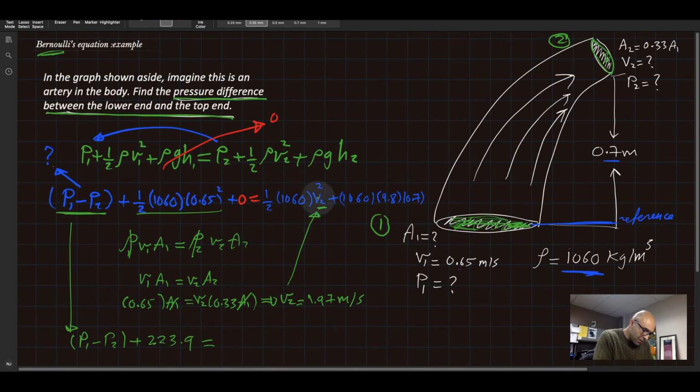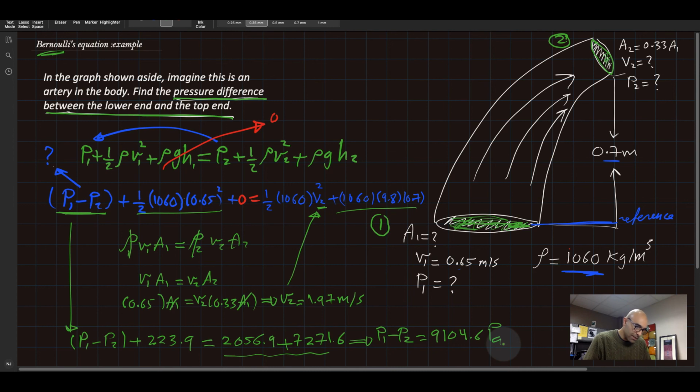After we plug in V2 squared it becomes 2056.9, and this whole term after some calculation becomes 7271.6. As you can see, this is one equation with one unknown. Add these two parts together and subtract this one from it, and you find that P1 minus P2 is equal to 9,104.6 Pascal. That's a pressure.